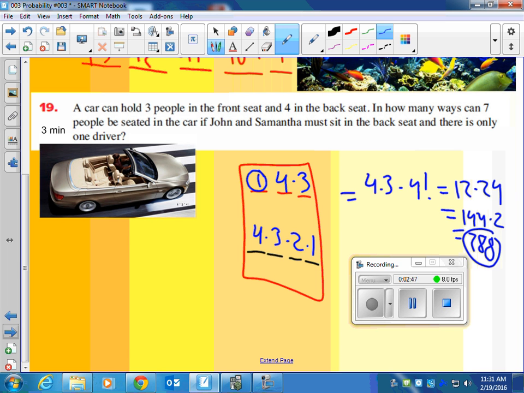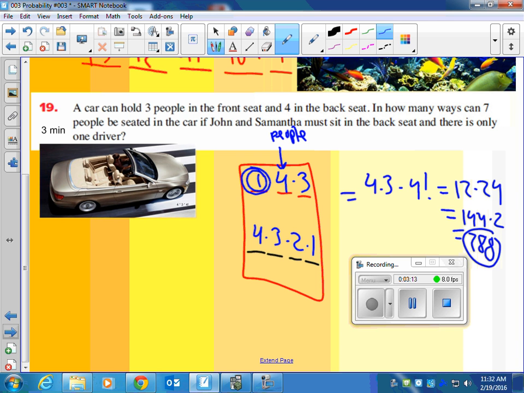Okay, front seat has 3 people, and the back seat has 4. And it says there's only 1 driver, so 1 person is out of the mix right now. They have to drive. It's their car. Then John and Samantha are 2 people that have to sit in the back. So there's only a total of 4 people that you can pick from for the front.